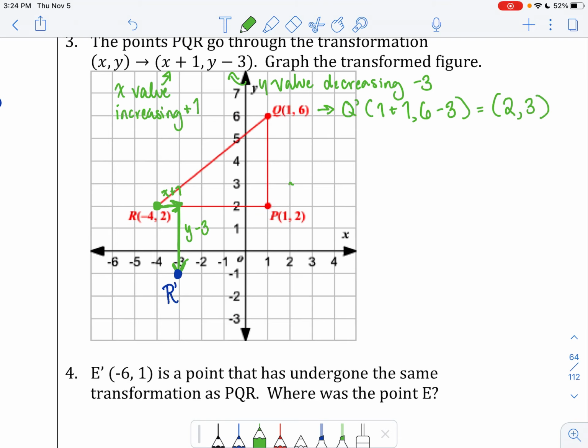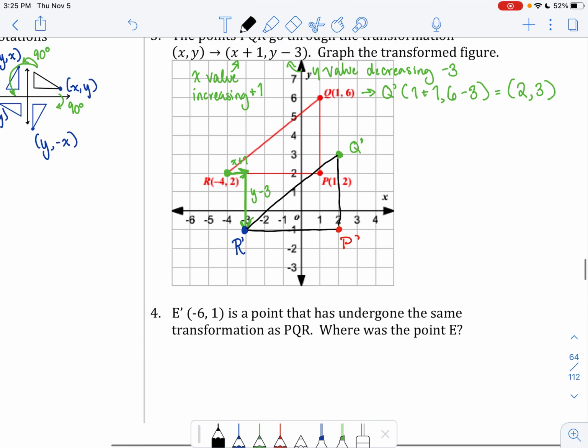And I can plot it here as our Q prime. And you'll notice that it's the same as going over 1, down 3. We end up at the correct place. And our last point here, you can use whatever method you'd like to plot P prime like so. Connect as a new translated triangle.